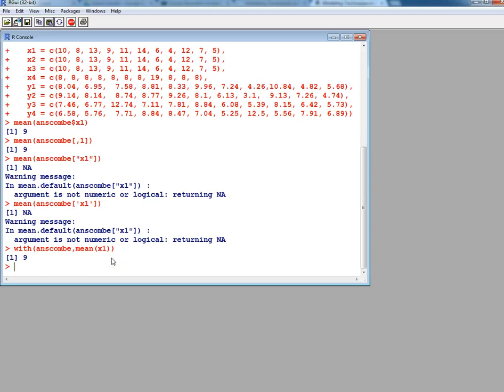Yeah, okay. So remember that we can use with, right? What does with do for us? Once you say with Anscombe, then you don't have to type Anscombe all the time, as long as you're within the with brackets. Okay, everyone see this?